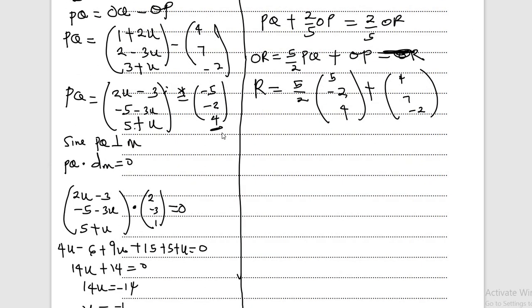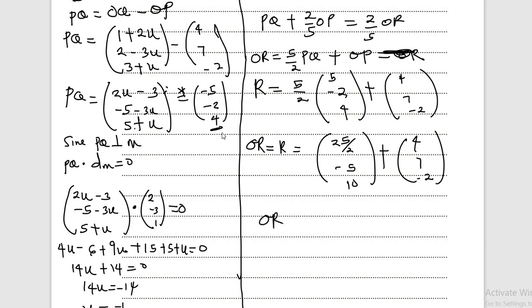So from here, OR, which is the same thing as vector R: 5 over 2 times 5 will give us 25 over 2. The other one will give us minus 5, while this one will give us 5 times 4, 20 over 2. We have 10 plus 4, 7 minus 2.